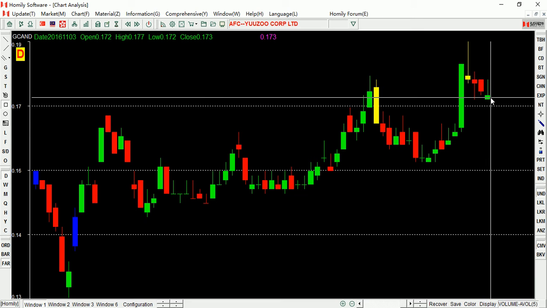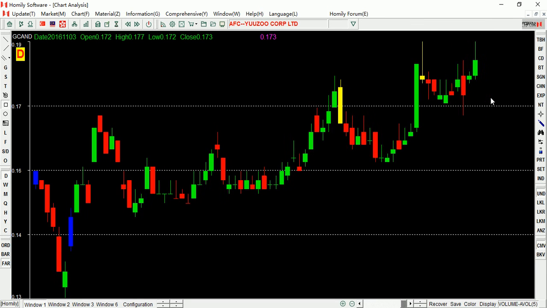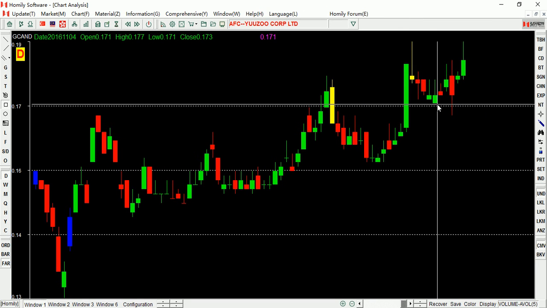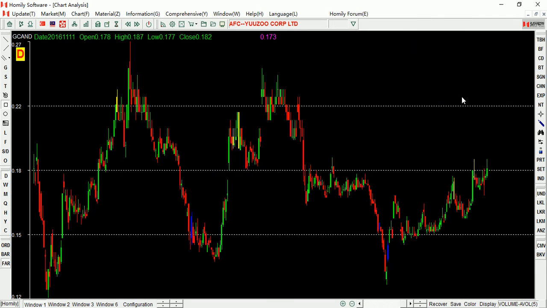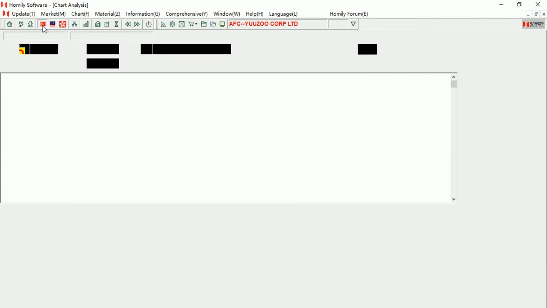If you want to do short-term trading, here is the buy point. But you should know if the price falls below, you should stop loss quickly. Okay. So here is the buy point. You can do some short-term trading. Okay. So here 173. Now it's 182. Still can earn money, right? For short-term. Okay. So let's see next one.